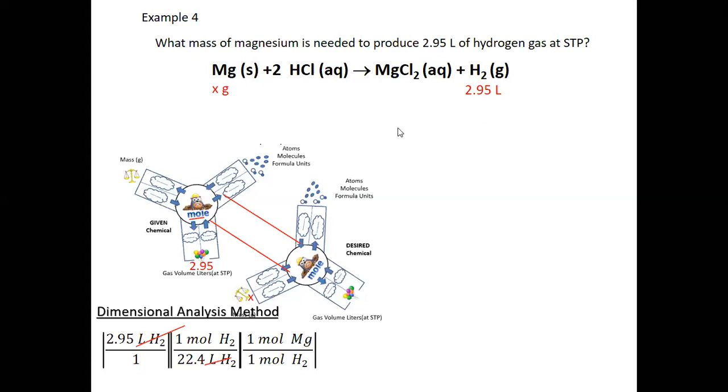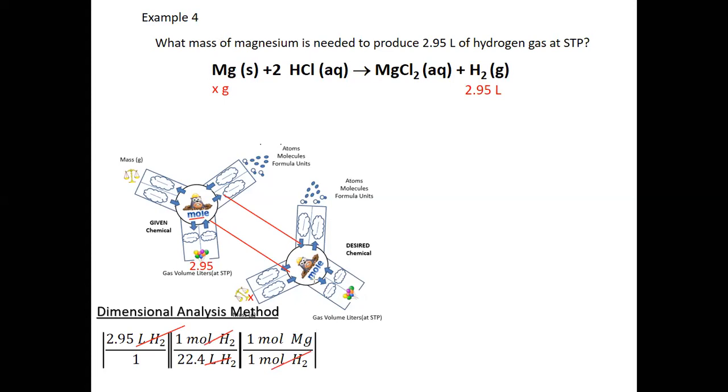There we go, I went back and cleaned that up a little bit. So now this leads us to the mole amount of magnesium, which is the desired chemical. We got rid of the hydrogen. We're turning it into the magnesium.